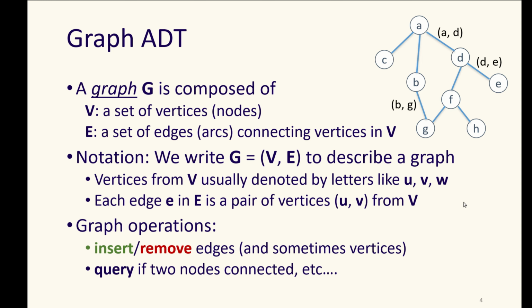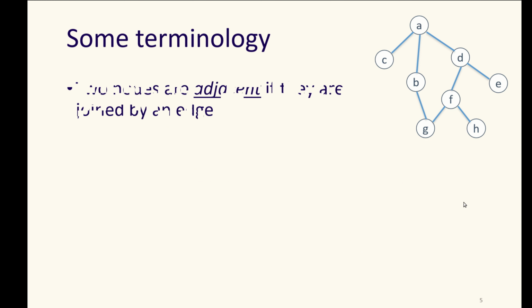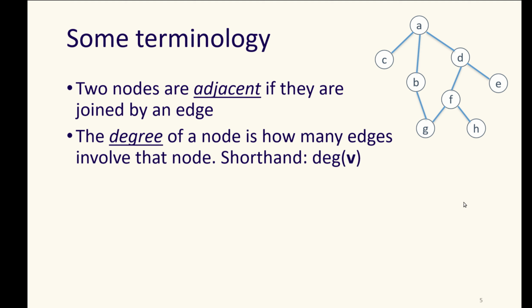And then basic graph operations, we often want to insert or remove edges. Sometimes we insert or remove vertices, and we may query if two nodes are connected or of various relationships that those nodes might have to each other. We call two nodes adjacent if they are joined directly by an edge.